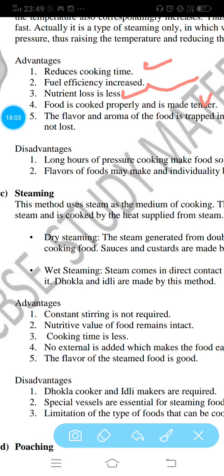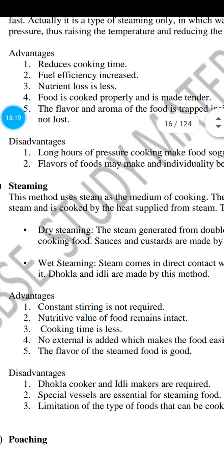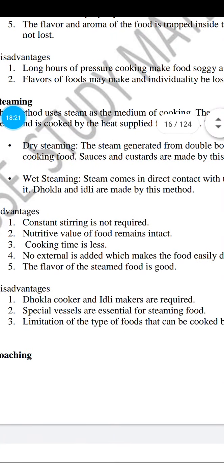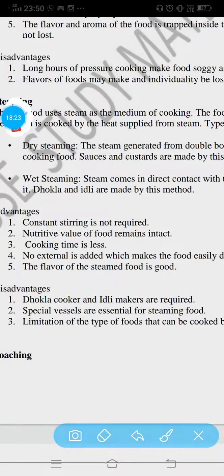And again here food is going to cook properly, and food will become extremely soft and tender, means soft, and it is easy to eat. And if you have used the proper amount of all the things, then its flavor and aroma is going to be trapped inside the food, and it is not going to get destroyed while cooking.